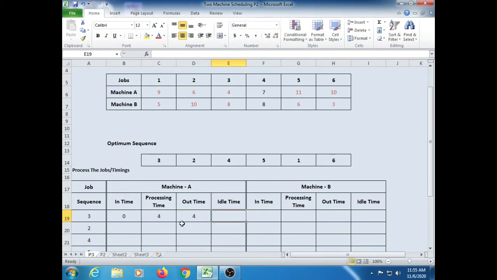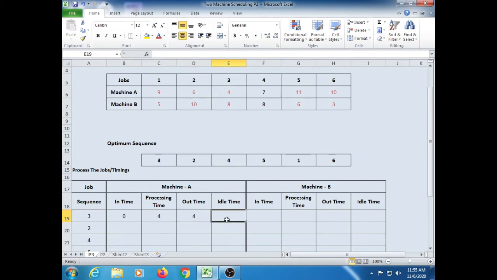So the third job we are processing on machine A for 4 hours, and at the 4th hour we can get the job out from machine A.